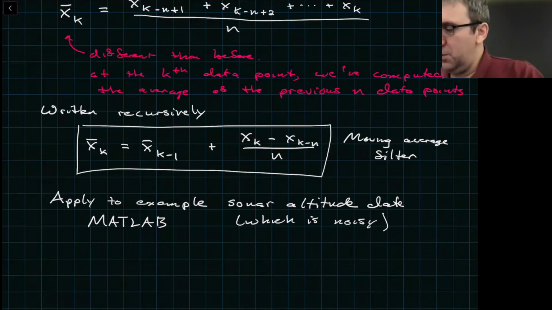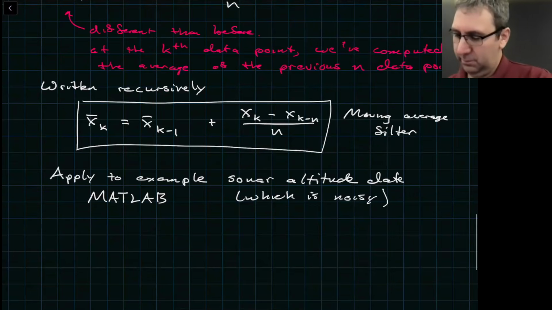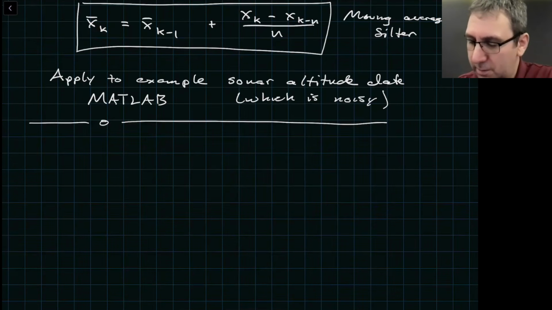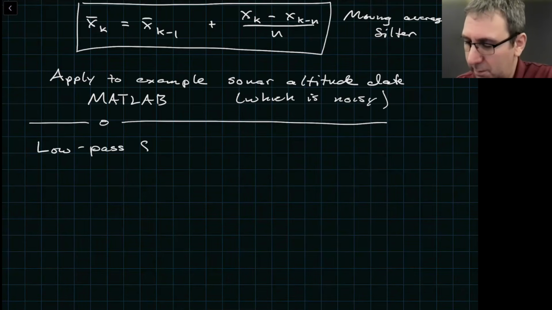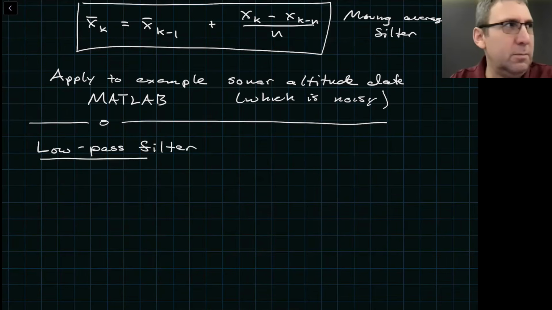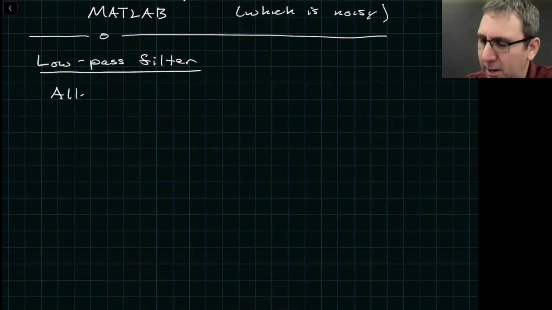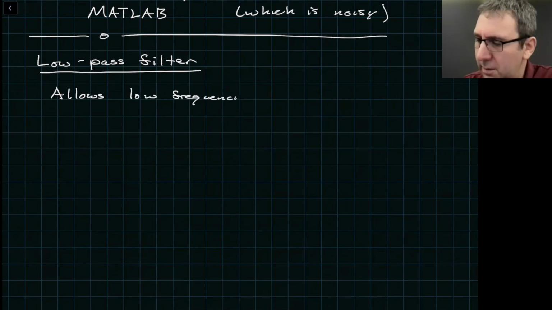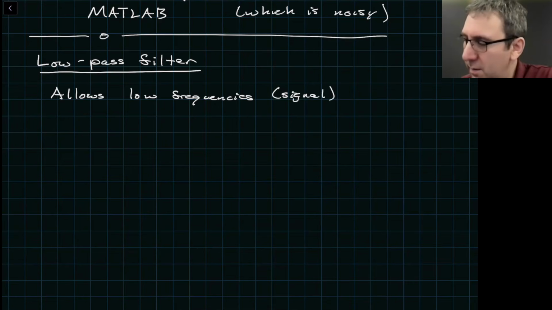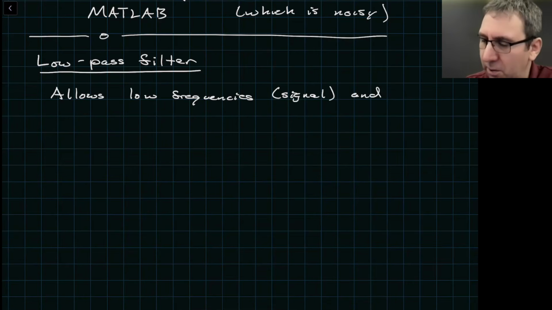There's an improvement upon the moving average, and it's called a low pass filter, which maybe you've seen before. The idea here is it allows low frequencies, which we think of as the actual signal we want, and filters out high frequencies.